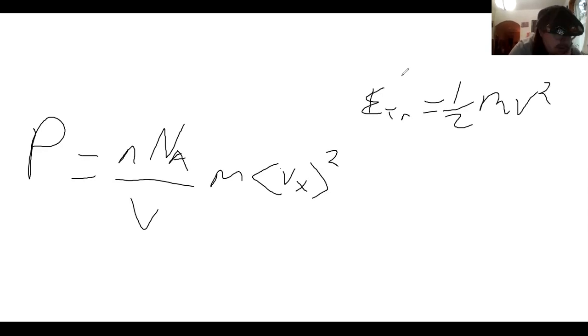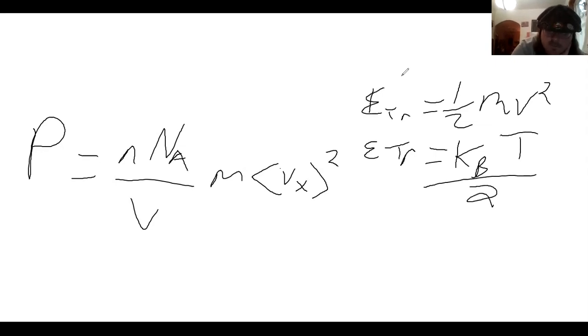Well, another convenient number is we can look at translational kinetic energy as also being equal to Boltzmann's constant, K sub B, times the temperature of a molecule divided by 2.